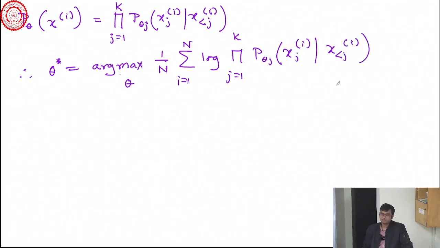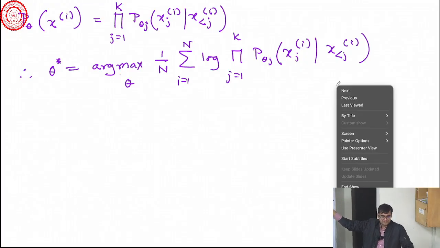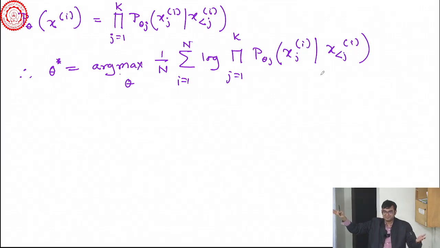So now you realize why I wrote that i, because the summation is over i. The summation is over all the data points. That's why I wrote it. Clear?